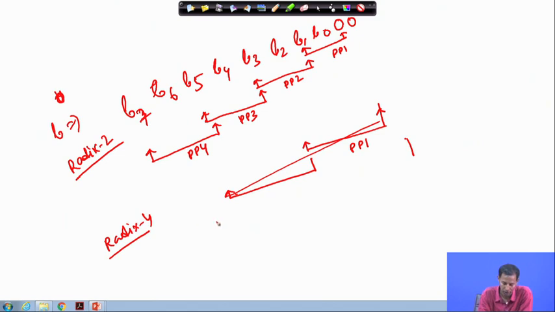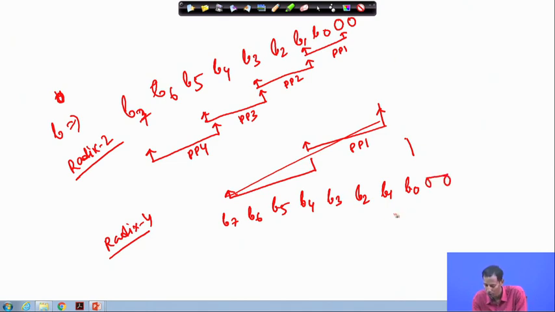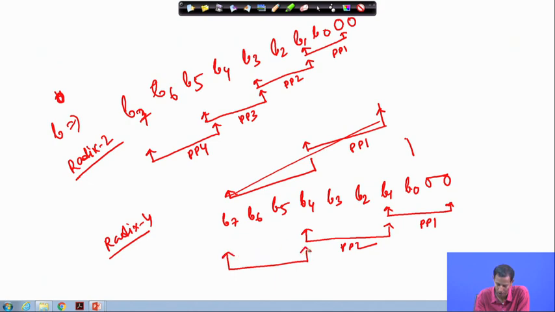If I just rewrite, B7, B6, B5, B4, B3, B2, B1, B0 along with these 2 zeros, at that time it will be something like this. This is PP1, then this is PP2, then, okay. So something like this I can do.